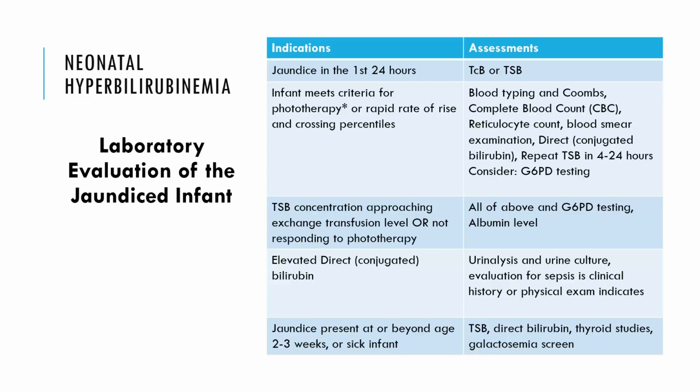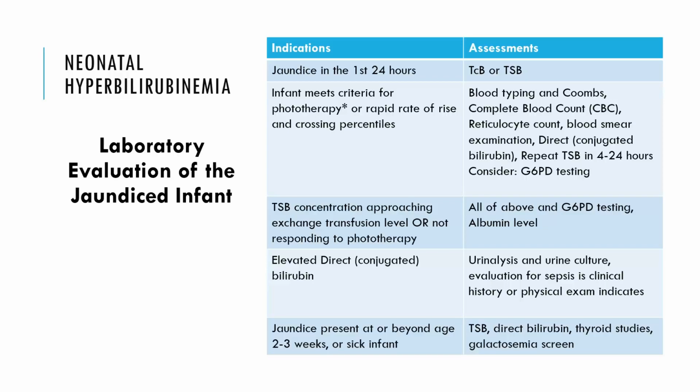And then moving down, you've got a total serum bili concentration approaching an exchange transfusion level, or maybe you have a baby that's not really responding to phototherapy. They recommend that you do all of the above and the G6PD testing and an albumin level, just to check to see if you have enough albumin to be able to carry that bilirubin to the liver.